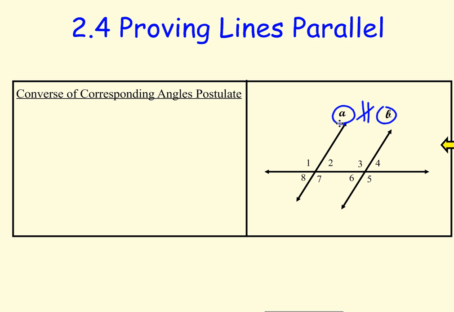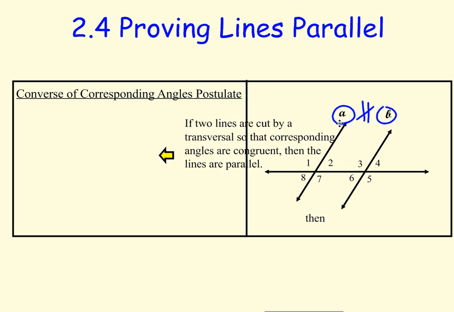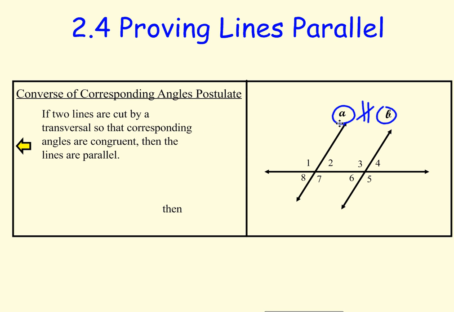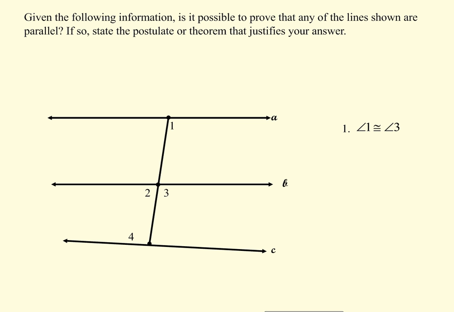We're saying we don't know the lines are parallel, but if we can prove that one set of corresponding angles are congruent, so if I can somehow show that 6 is congruent to 8, or that 2 is congruent to 4, then I can say those two lines are parallel to each other. But only if that is the case.